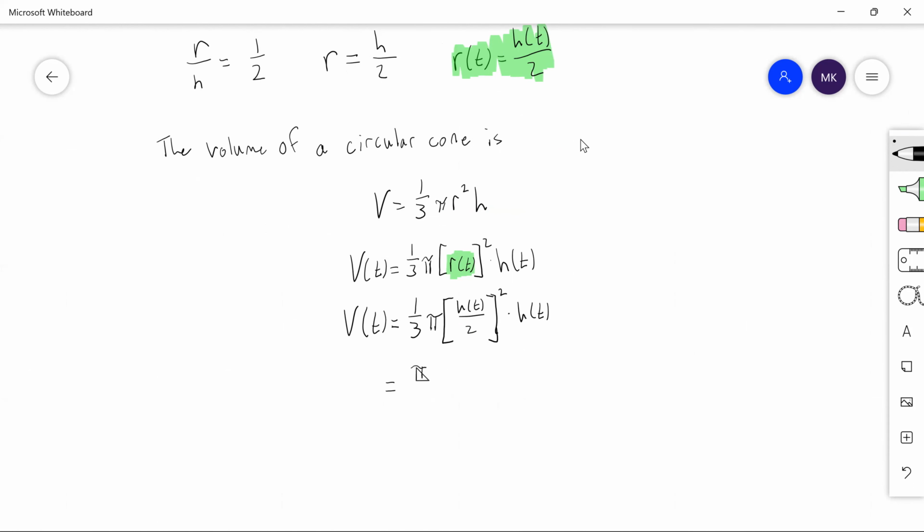It's just pi over 12 times h of t cubed. Any questions on that?